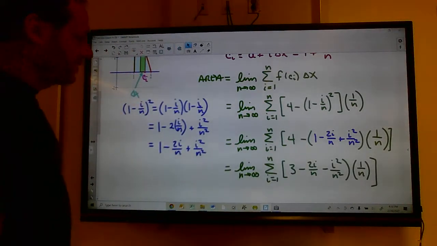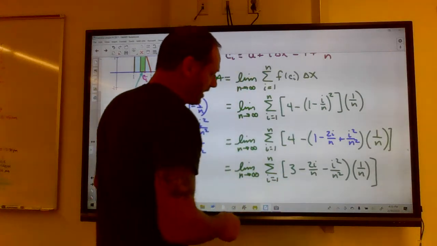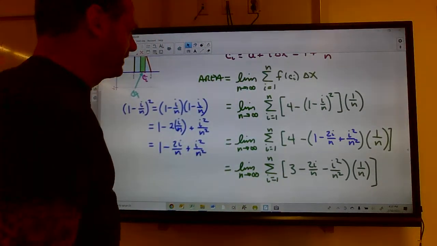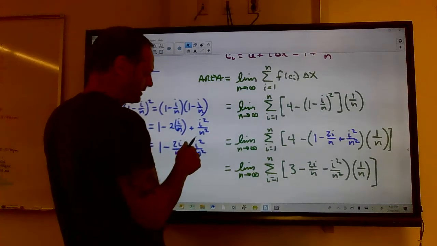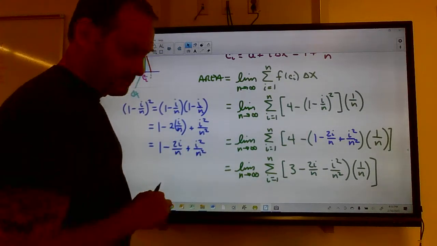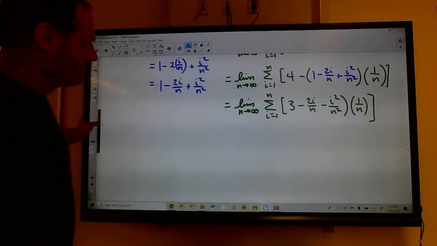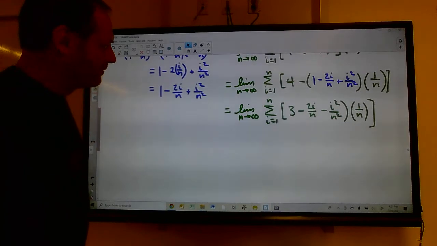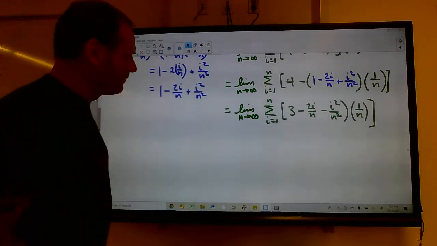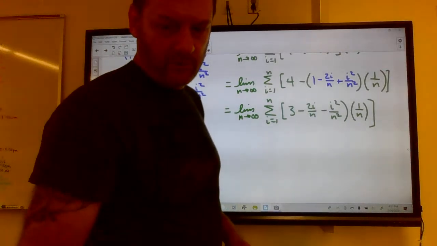Okay, so then I get 3 minus 2i. I think this was a plus. Somewhere I got a minus sign wrong here. Hang on a second while I check my work.